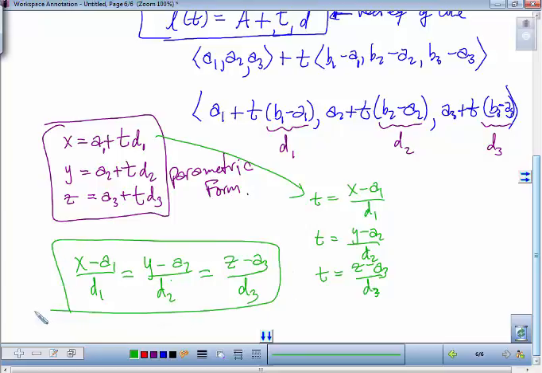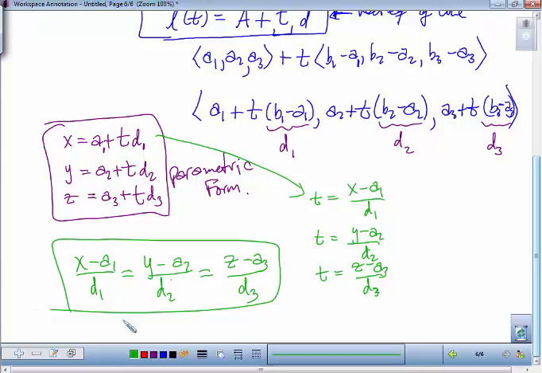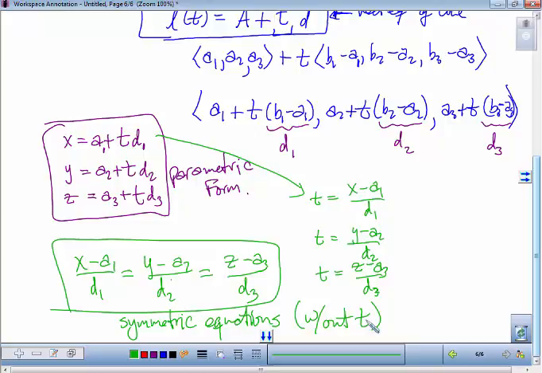It turns out that this is called your set of symmetric equations for the line, and the basic idea here is that now you don't have the parameter t in there. So it's just an equation with x and y and z, but you can't just say it's an equation either because it's a 3-sided equation with x, y, and z.